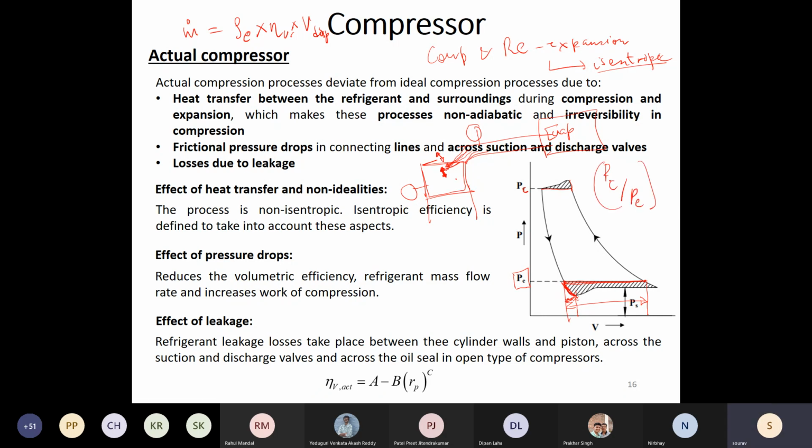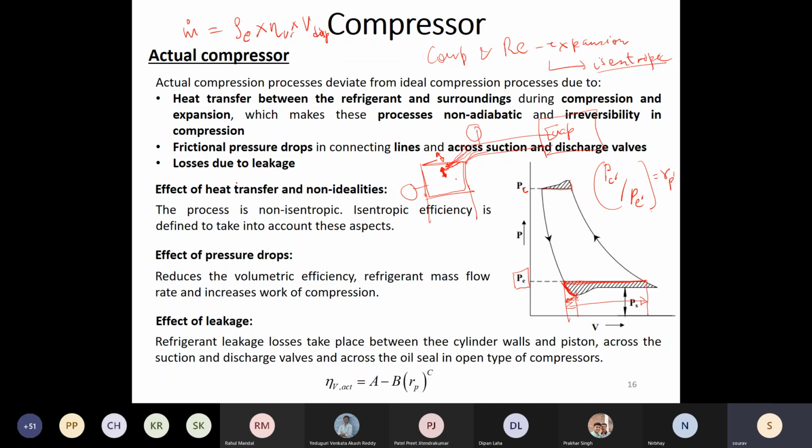So we expected PC over PE to be exactly equal to the condensing pressure divided by the evaporator pressure, but there is some amount of overpressure, so PC dash, and there is some amount of lower pressure required during the suction. So your overall PC over PE is effective. So your RP prime would be greater than the theoretical RP that we were discussing.